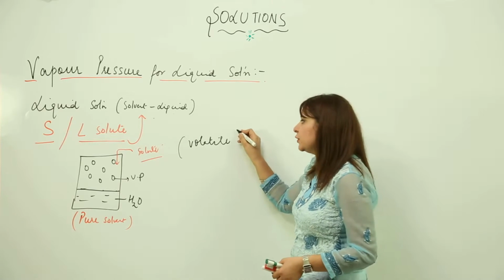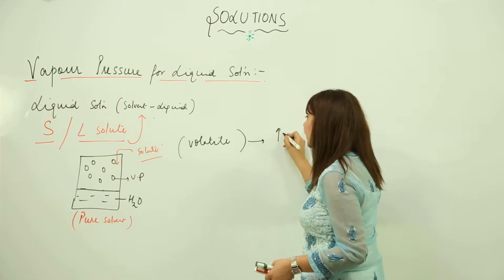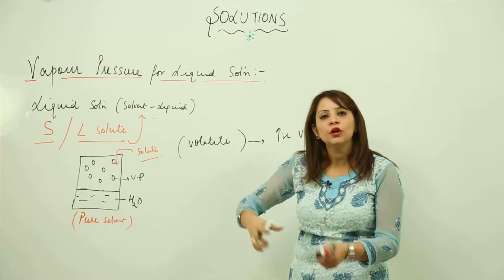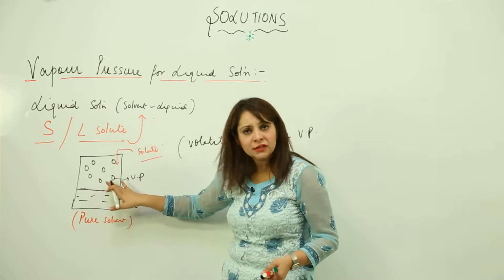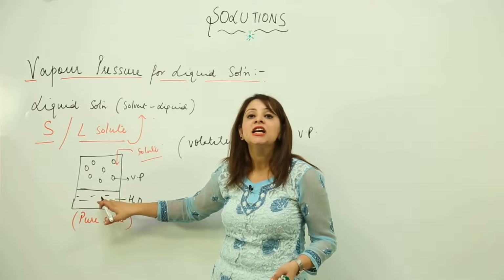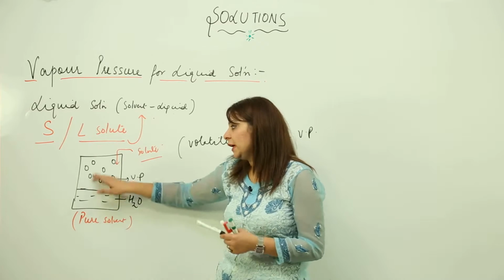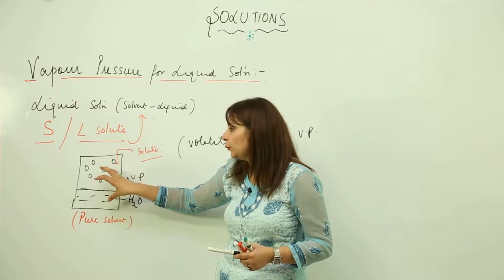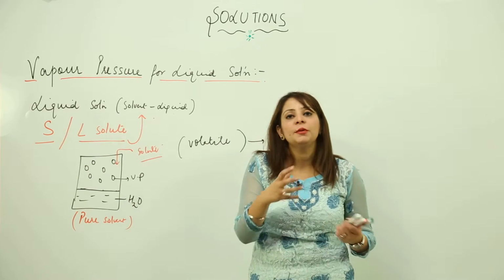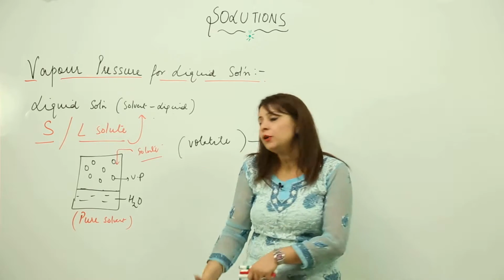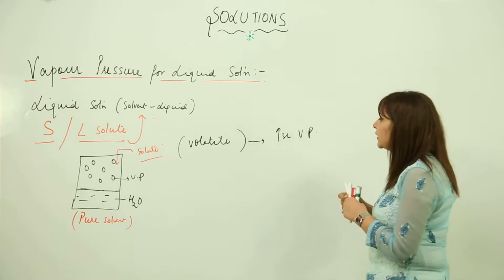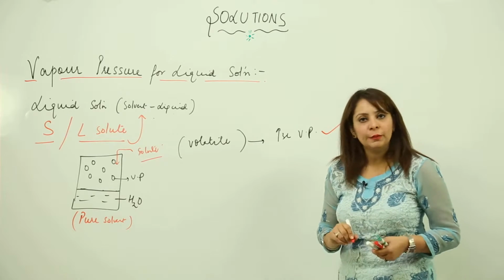As it has a tendency to evaporate, it will increase the vapor pressure, because some of those solute particles will also escape, like the solvent vapors. If a volatile solute is present in it, obviously it is also going to escape. So it will also occupy the area above and exert some vapor pressure. So the vapor pressure of the solute is just going to add to the vapor pressure of the solvent. So we say that in that case there is an increase in the vapor pressure.